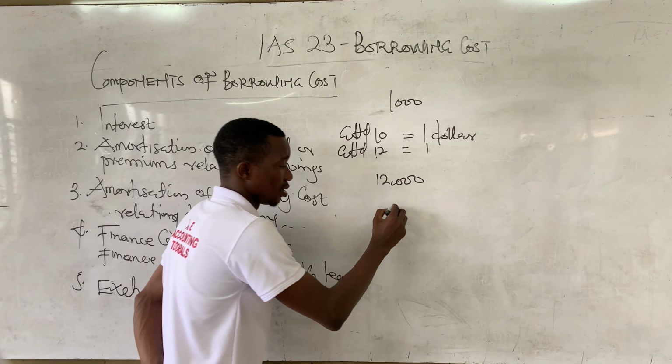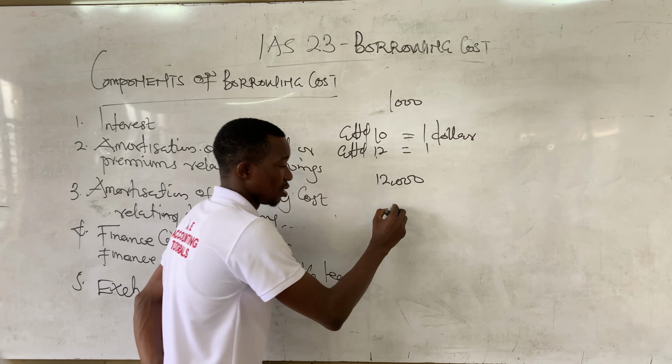So this difference in amount is what is caused by exchange differences. So this difference or this increment of 2,000 is part of borrowing cost. That is what the standard says.